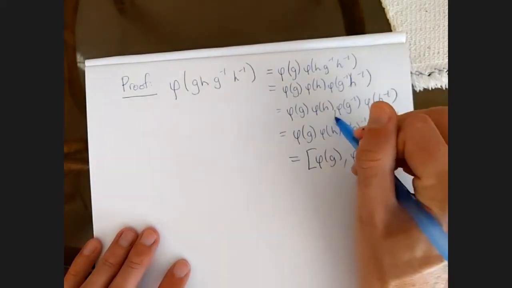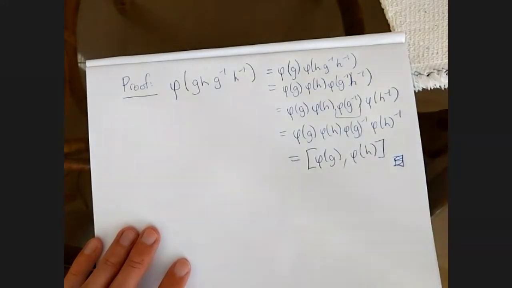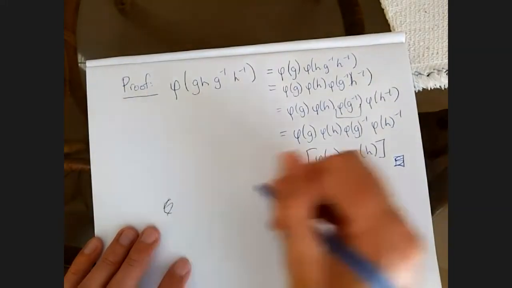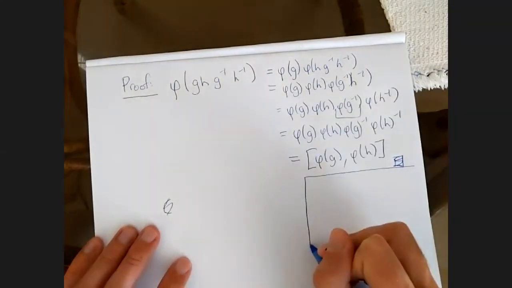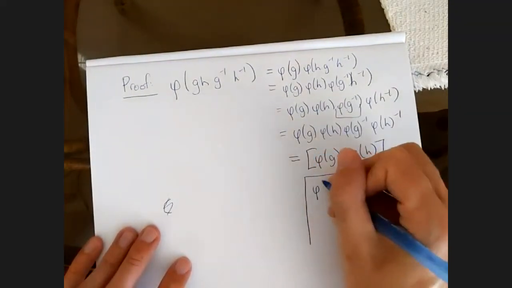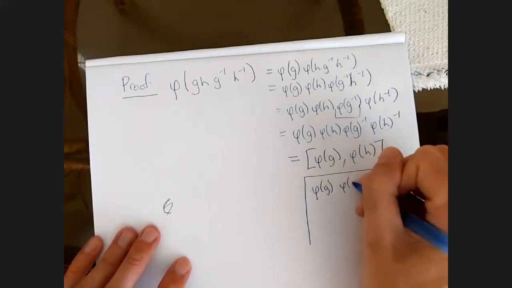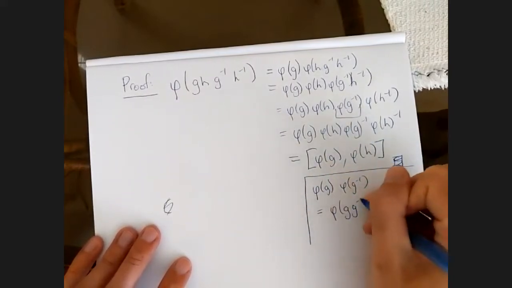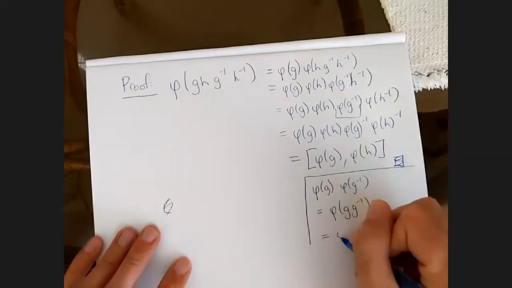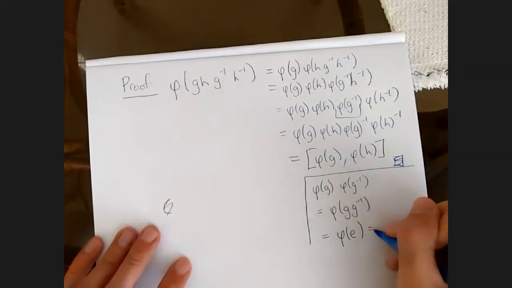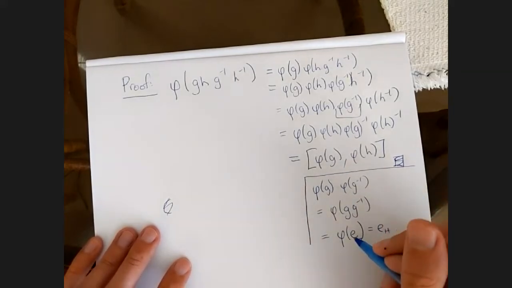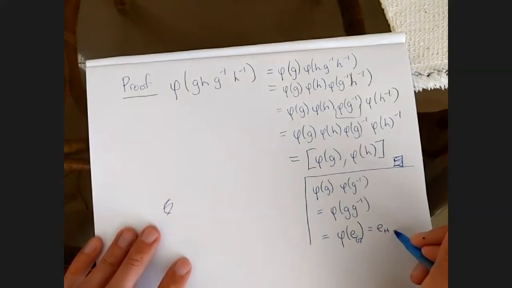Let me just remind you, why is phi of G inverse equal to phi of G, inverse? So let's do that as an aside. If we look at phi of G times phi of G inverse, that's just phi of the identity of G, which is the identity of H. So a homomorphism takes the identity of one group to the identity of the other.